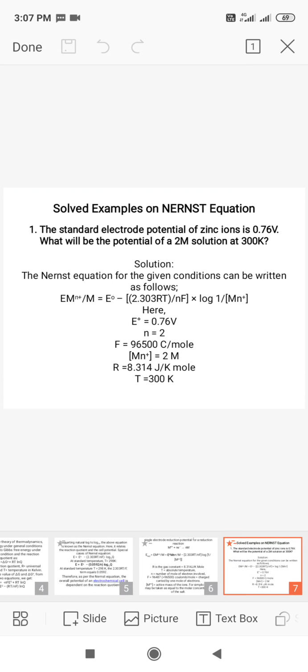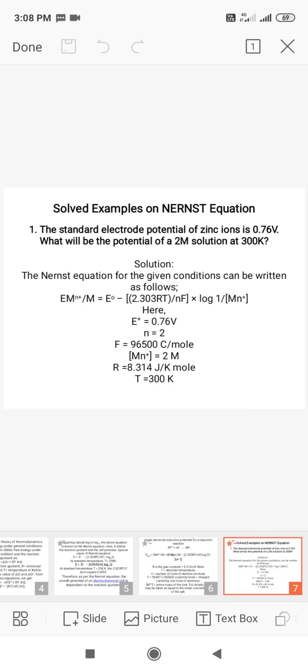F is Faraday, 96,500 coulombs per mole. The concentration of metal ions, that is zinc 2+ ions, is 2 molar. And we know the value of the universal gas constant, 8.314 joules per Kelvin per mole. This electrochemical reaction occurs at 300 Kelvin, therefore the absolute temperature is 300 Kelvin.